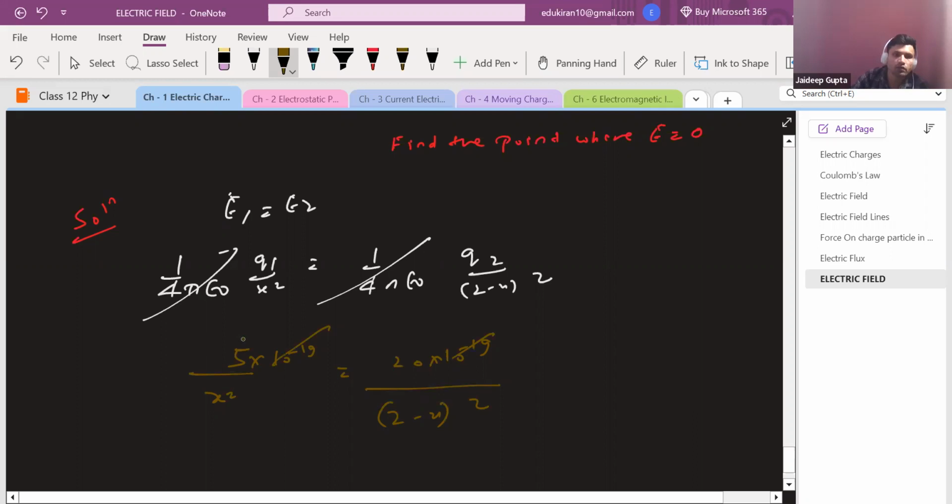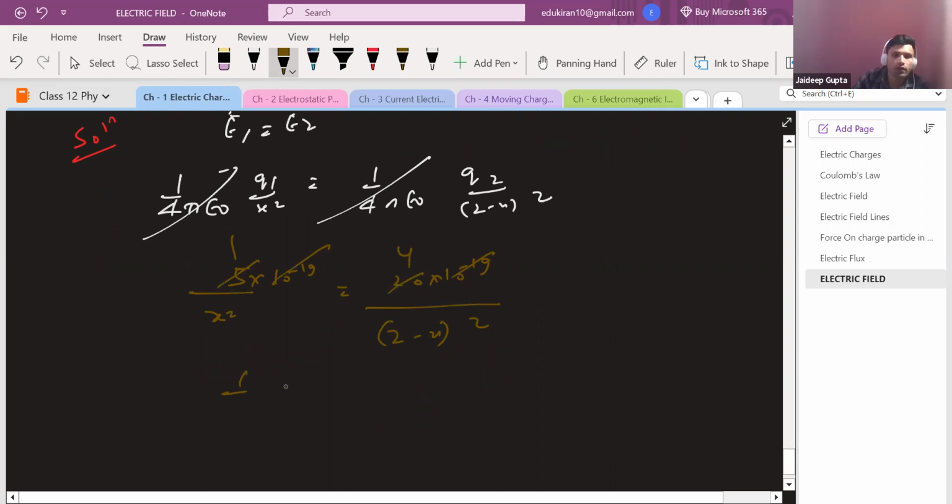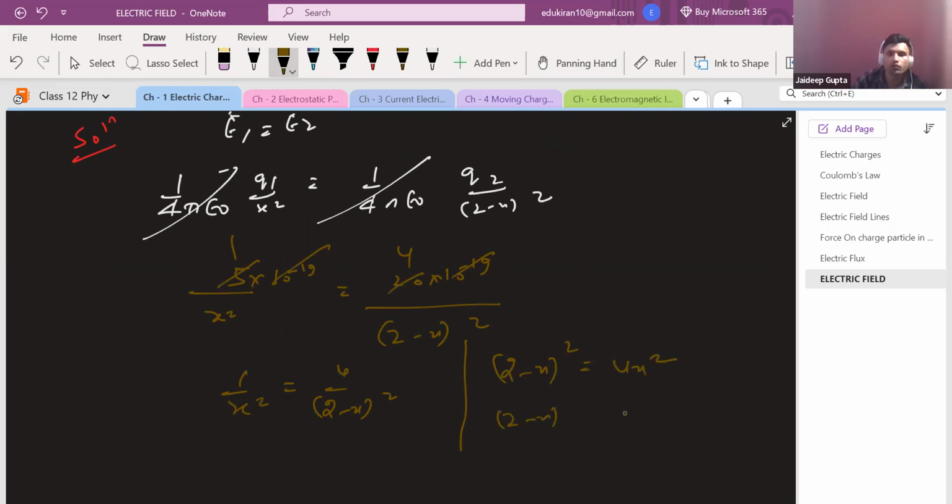These will cancel out, 5 and 4. Now 1 over X square equals 4 over (2 minus X) whole square. So (2 minus X) whole square equals 4X square.